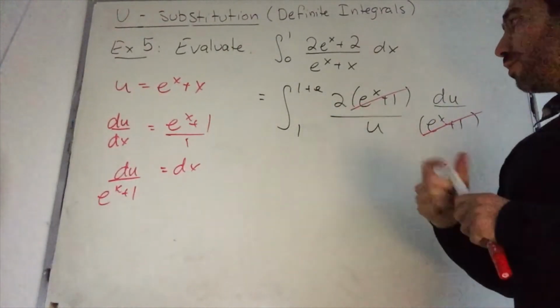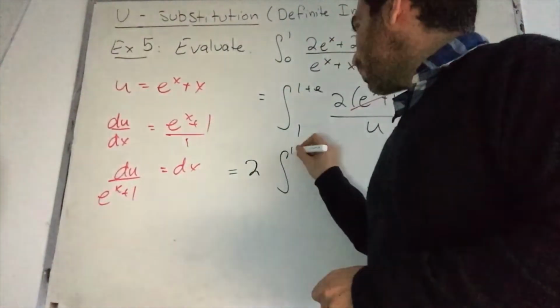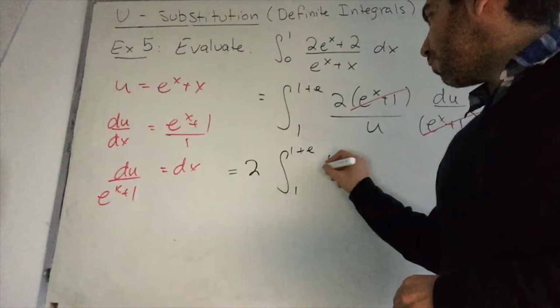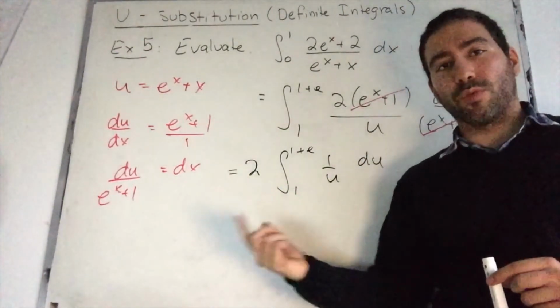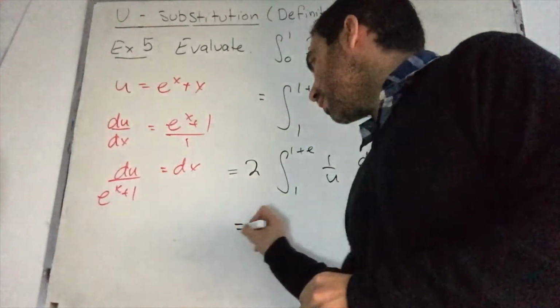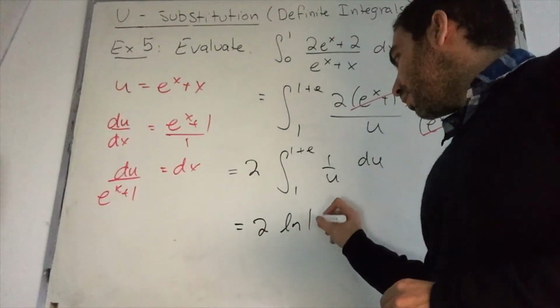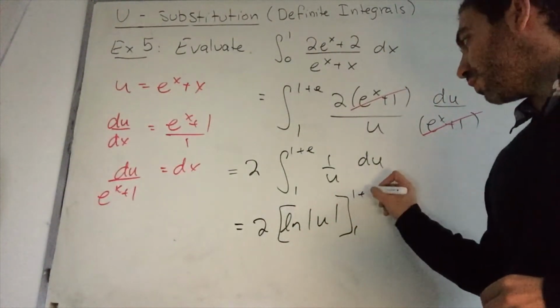The 2 is a constant, we pull it out. And we're left with the integral from 1 to 1 plus e of 1 over u du. And this we've seen already, the integral of 1 over u, or 1 over x, is ln. So 2 ln of u, and we're integrating it from 1 to 1 plus e.